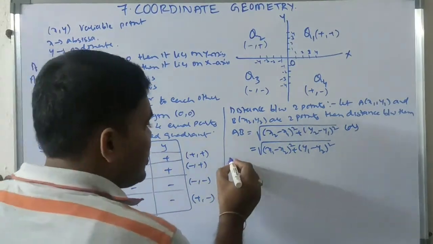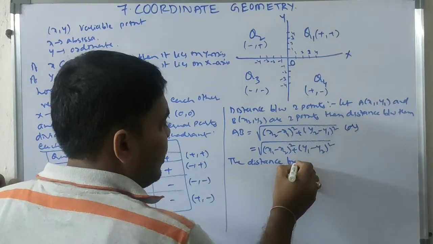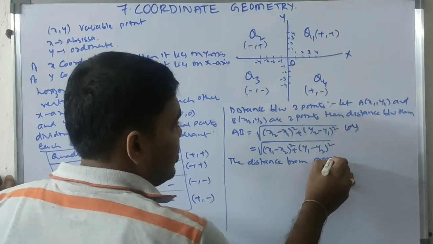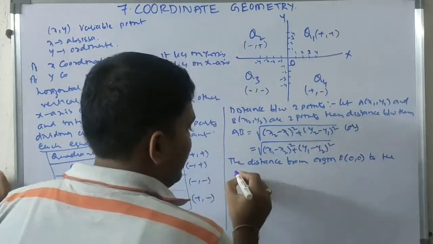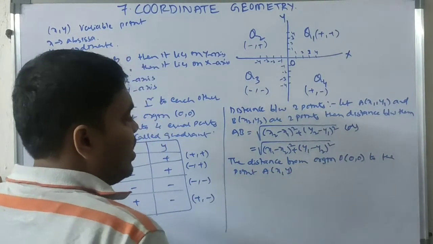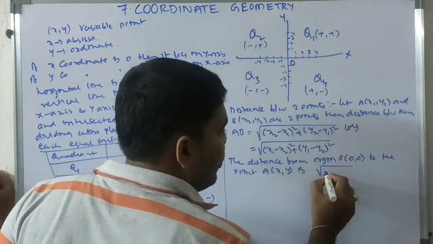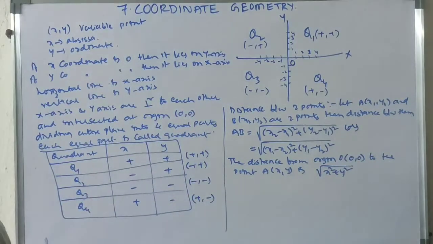The distance from the origin (0, 0) to the point A (x, y) is the square root of x square plus y square. The distance from origin is equal to the square root of x square plus y square.